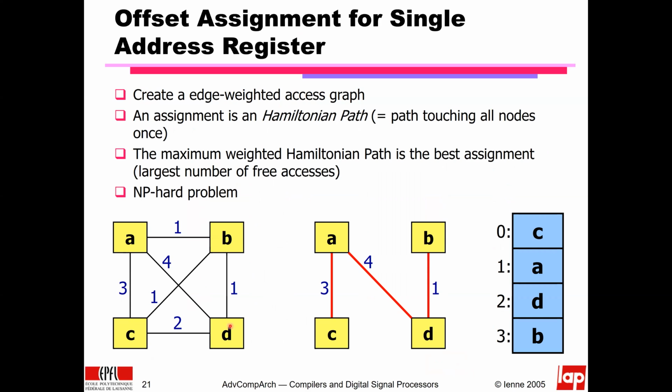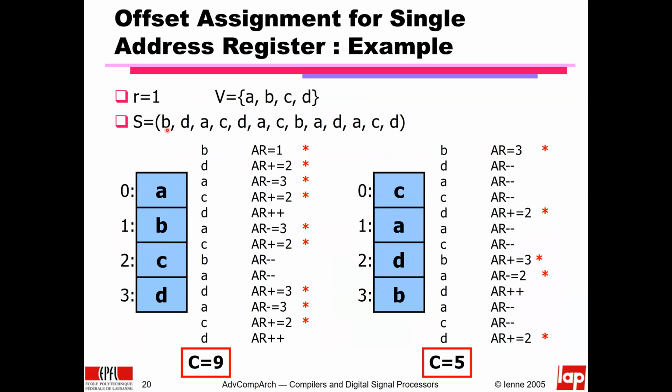where the nodes are my 4 variables, how many times I'm going to access B after A or A after B, right? So if I'm doing this access successive between A and B, how many times? So if you go back to our sequence, how many times A and B are successive?